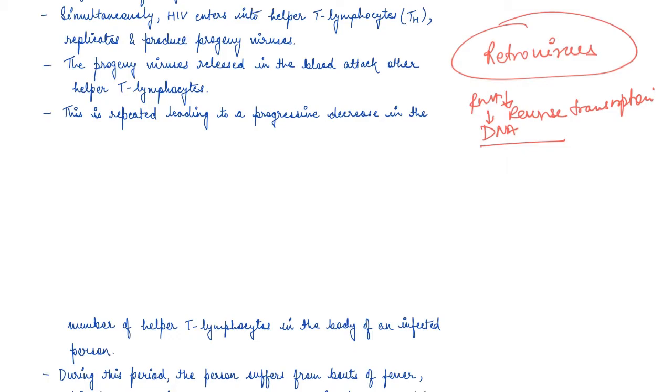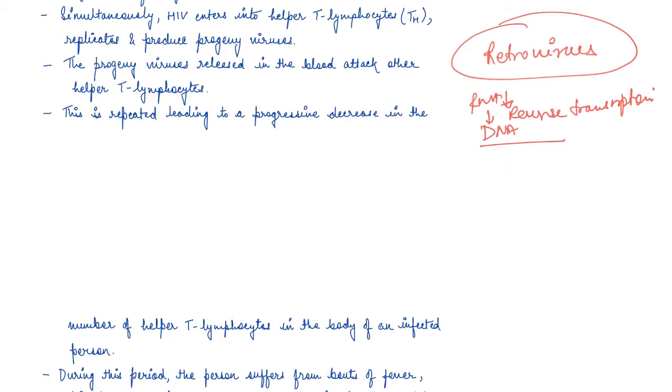And as soon as the number of T lymphocytes starts decreasing, they are weakening your acquired immunity, because T lymphocytes help the B lymphocytes in producing antibodies, right? So basically they are the ones giving you acquired immunity against any particular microorganism or pathogen.